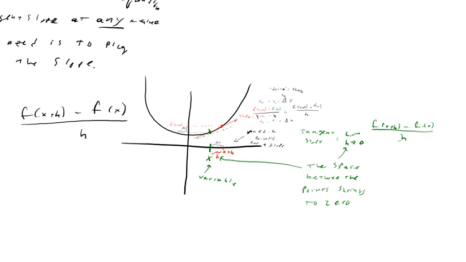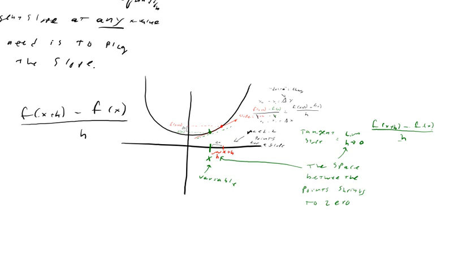So sometimes you see it as delta x, sometimes you see it as h. Same idea, same concept, it's this separation. That separation shrinks to nothing, and now we have a slope at a point. And because our point is a variable, we get an equation for an answer.